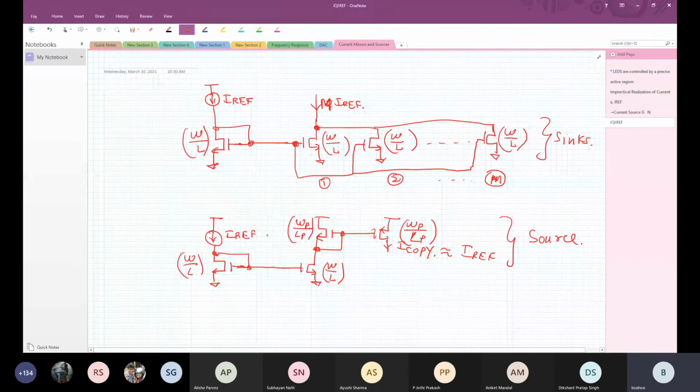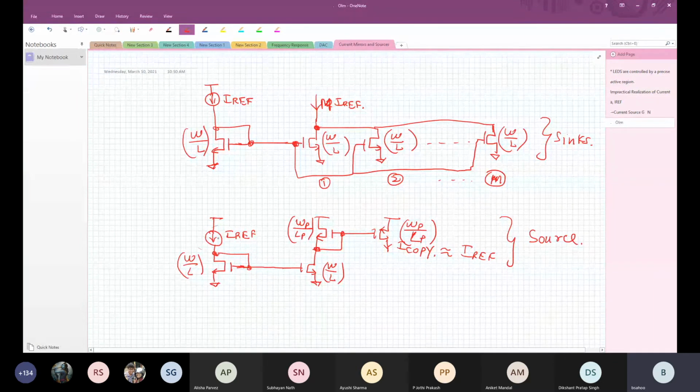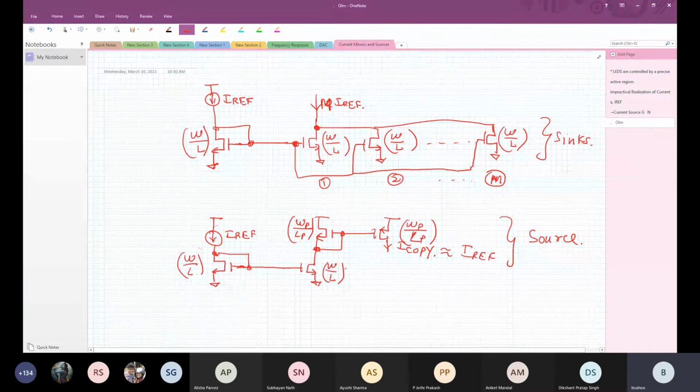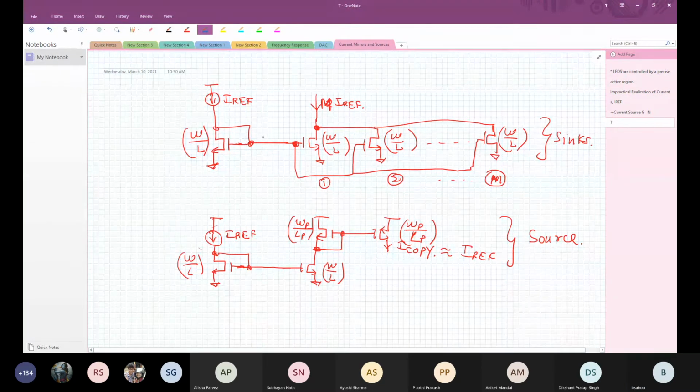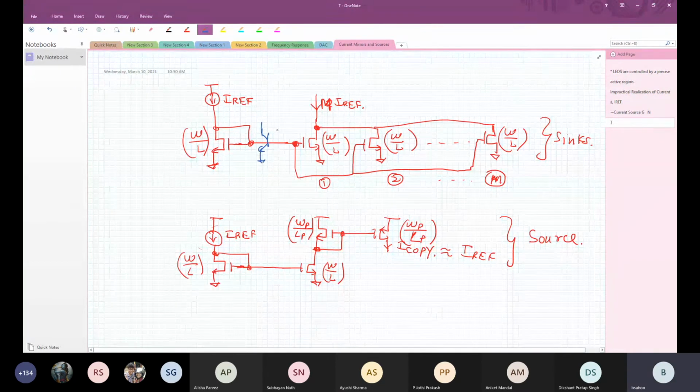All I need is one golden current reference, which I painstakingly build, and then I can do copying and get whatever I want. The same thing can be done if I replace this with a BJT. For a BJT, the current is proportional to the emitter area AE.